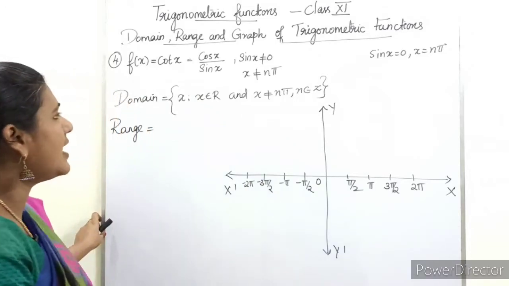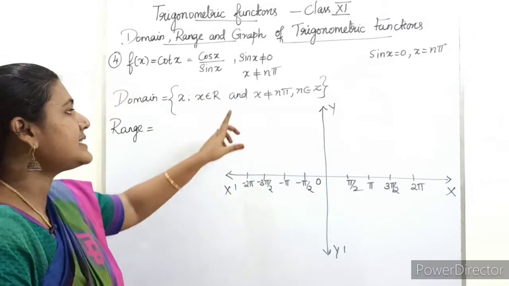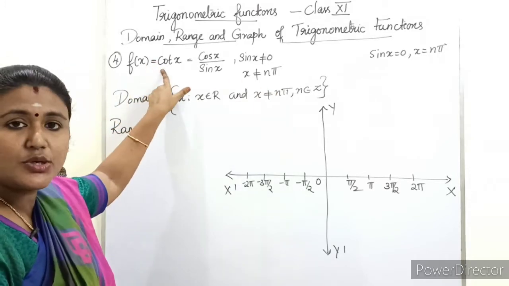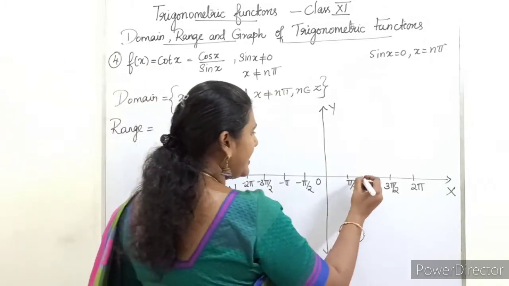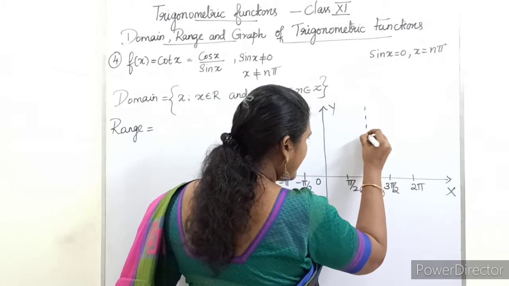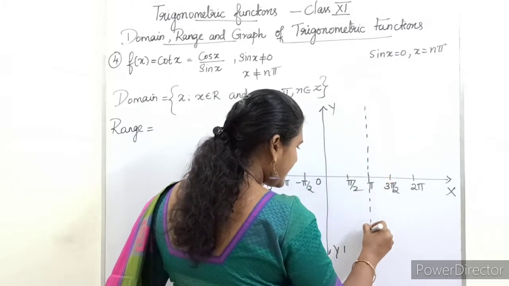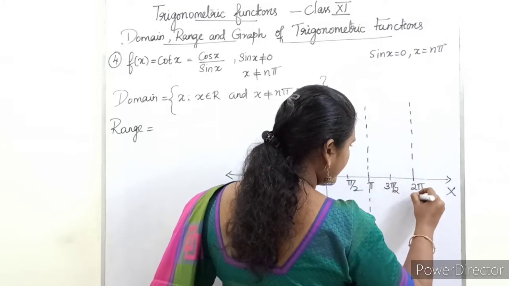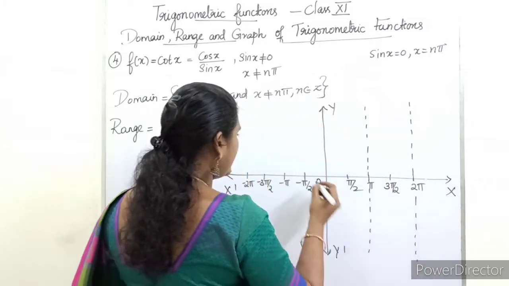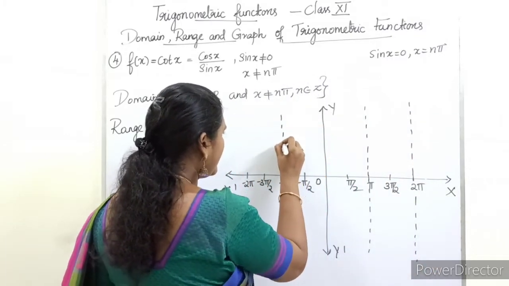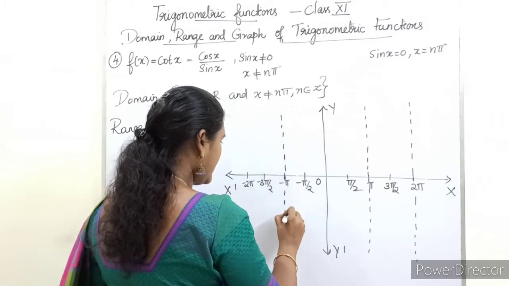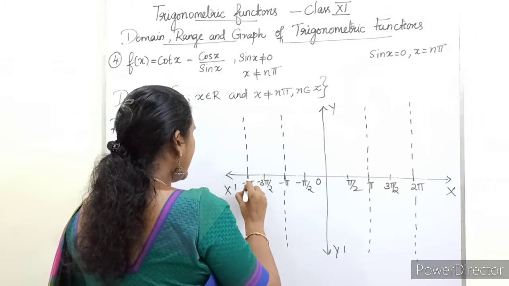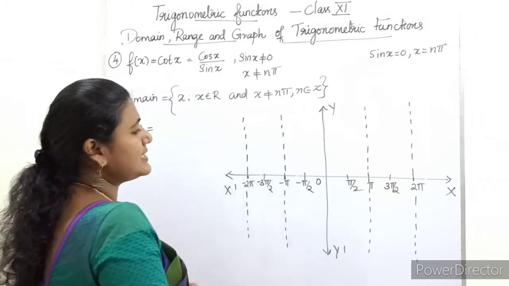Now you see here, at the integral multiples of pi, the function is not defined. That is at the angle pi and angle 2 pi, and the negatives of these angles, minus pi and minus 2 pi. At these points the function is not defined.